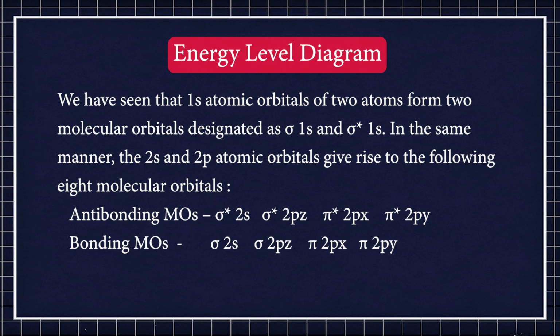Antibonding molecular orbitals: sigma star 2s, sigma star 2pz, pi star 2px, pi star 2py. Bonding molecular orbitals are sigma 2s, sigma 2pz, pi 2px and pi 2py.